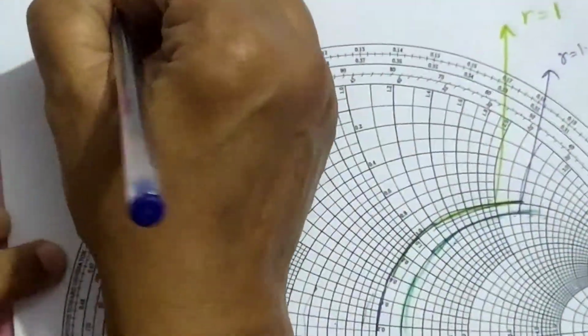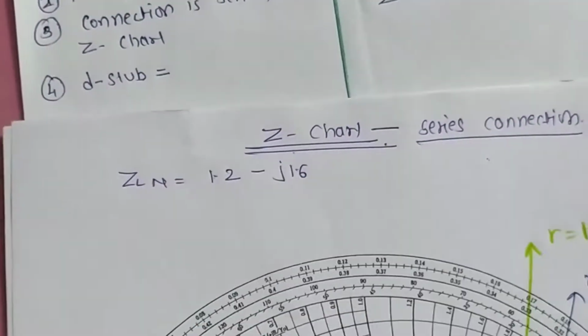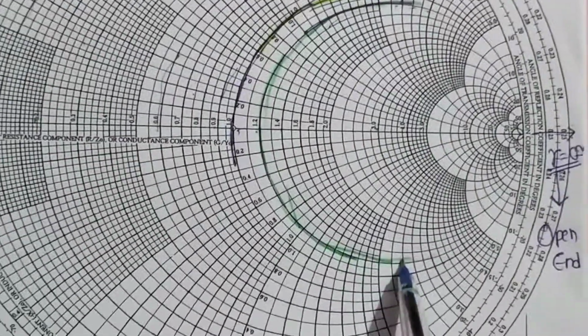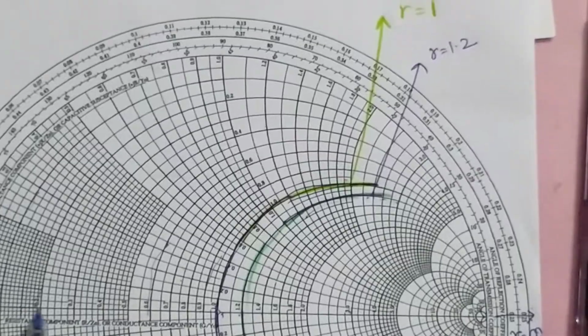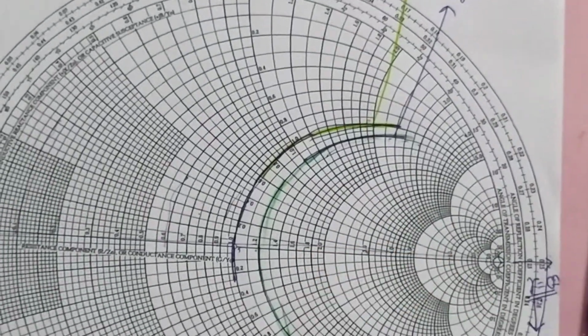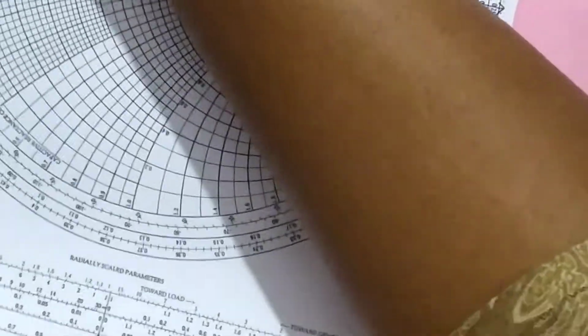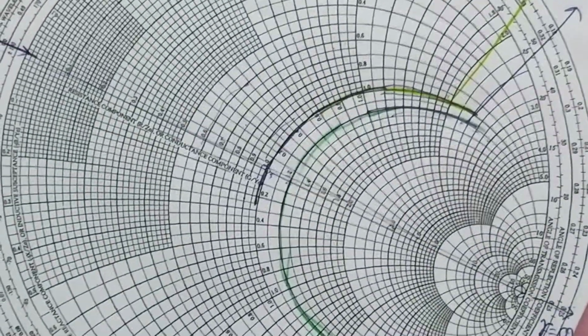Now I want to plot ZL normalized as 1.2 minus j1.6. I located the R equal to 1.2 circle. Now minus j, so we are going to use the lower half of the chart. And now I want to locate j1.6, reactance circle 1.6.